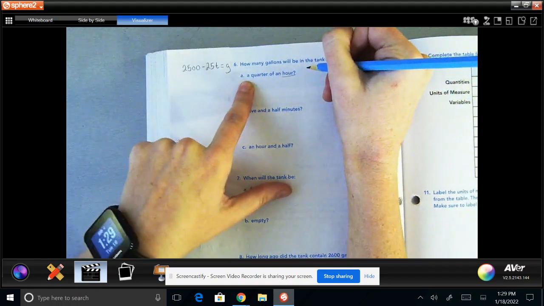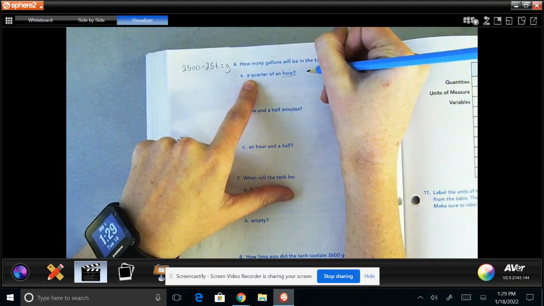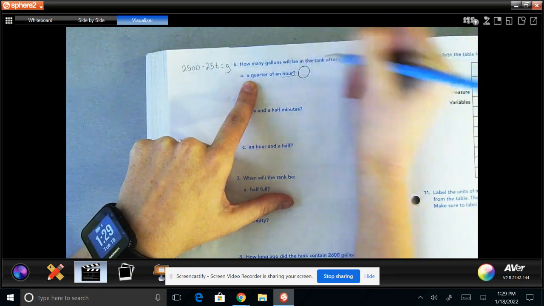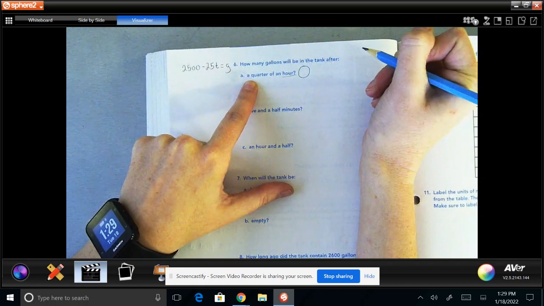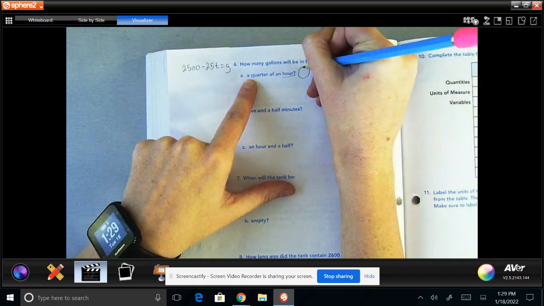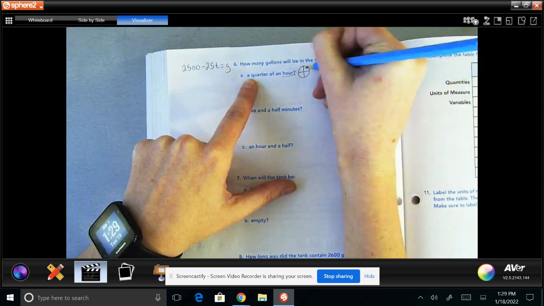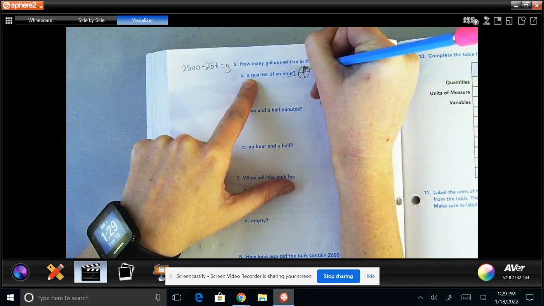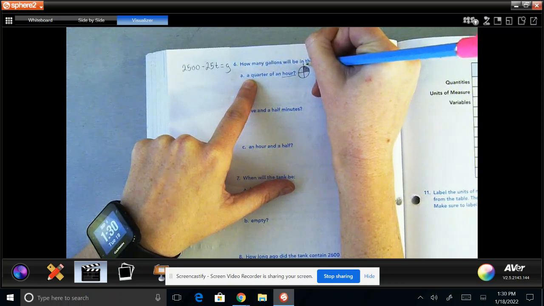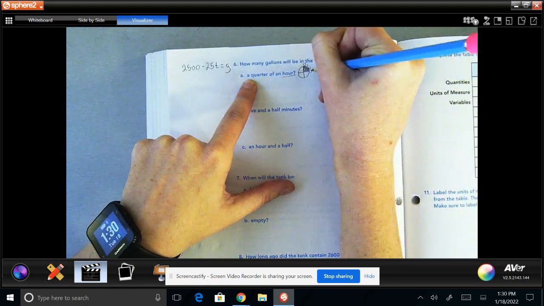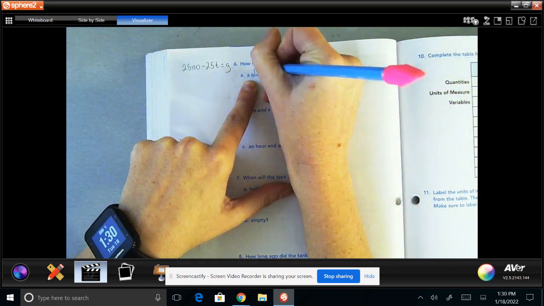So I need to figure out first how many minutes a quarter of an hour is. An hour goes all the way around the clock. So if I divide the clock into quarters, a quarter would be this right here. That's 12. 1, 2, 3, and that would be 5, 10, 15 minutes.